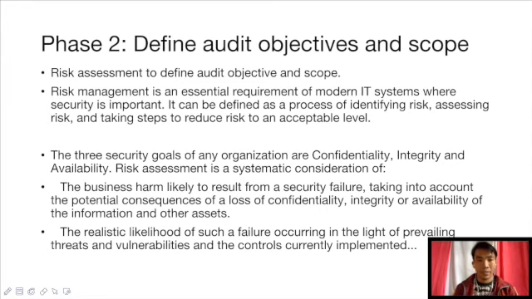So, in this phase, in my slides, your objectives may be dependent on which of the areas of concern you'll be dealing with more. Here, in this slide kasi is more of the risk part, risk assessment to define audit objective and scope.